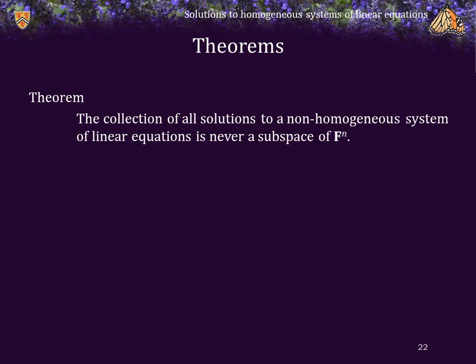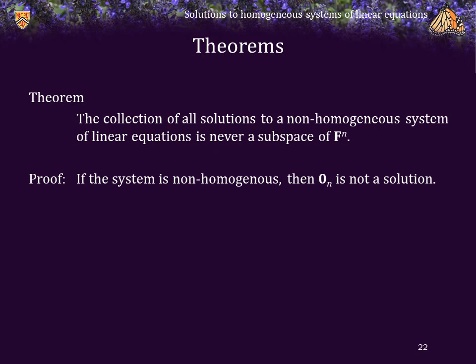Theorem: the collection of all solutions to a non-homogeneous system of linear equations is never a subspace of F to the n, where F is either the reals or the complex numbers. Proof. Well, if the system is not homogeneous, then the trivial solution, that is the n-dimensional zero vector, cannot be a solution.